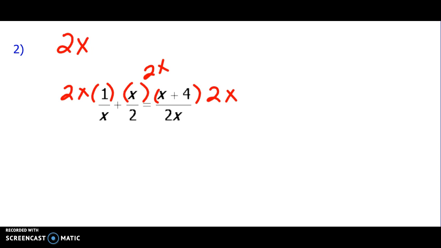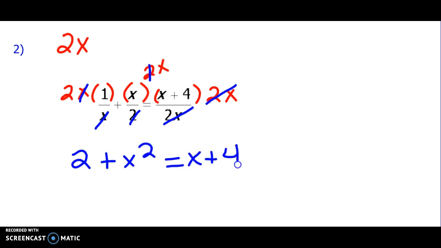And we can simplify x over x, 2 over 2, and 2x over 2x. So we're left with 2 times 1, which is 2, and x times x, which is x squared, and x plus 4. If we move everything to one side, x squared minus x minus 2 equals 0.